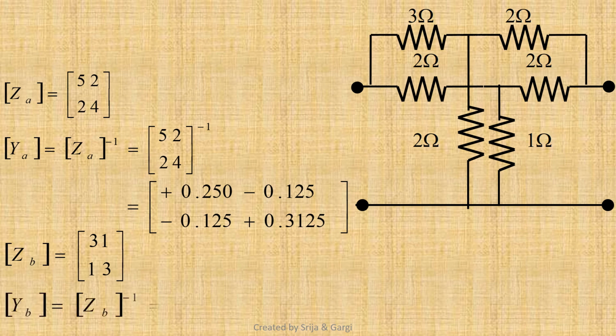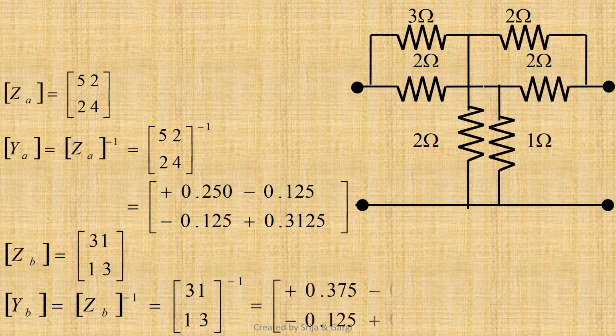Matrix of YB equals inverse of matrix ZB, that is equal to inverse of matrix of 3, 1, 1, 3, that is equal to matrix of 0.375, minus 0.125, minus 0.125, 0.375.